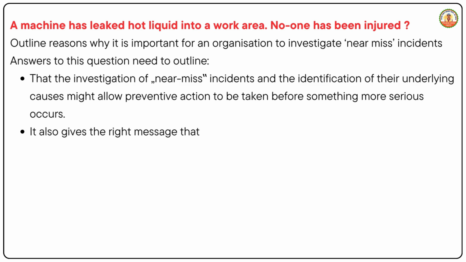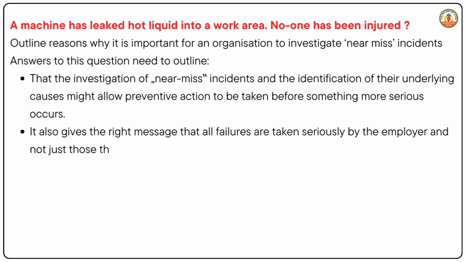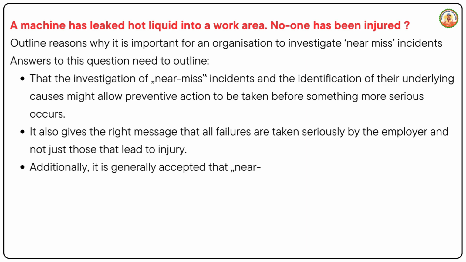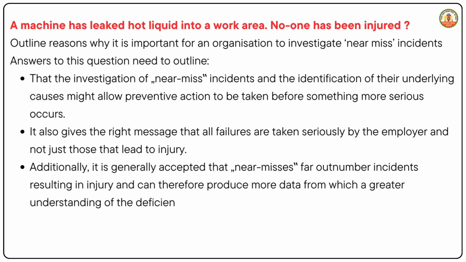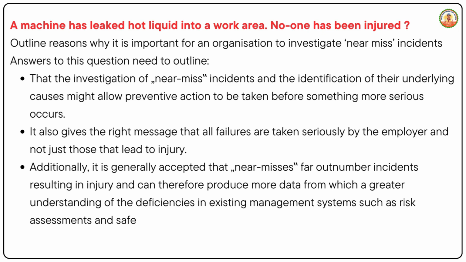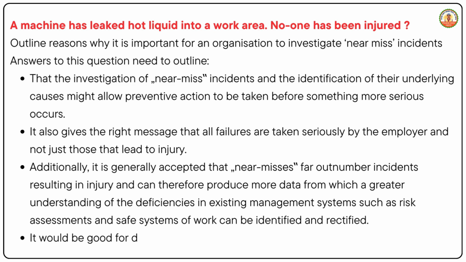It also gives the right message that all failures are taken seriously by the employer and not just those that lead to injury. Additionally, it is generally accepted that near misses far outnumber incidents resulting in injury and can therefore produce more data from which a greater understanding of the deficiencies in existing management systems such as risk assessments and safe systems of work can be identified and rectified. It would be good for delegates to briefly refer to Bird's or Heinrich's triangle.